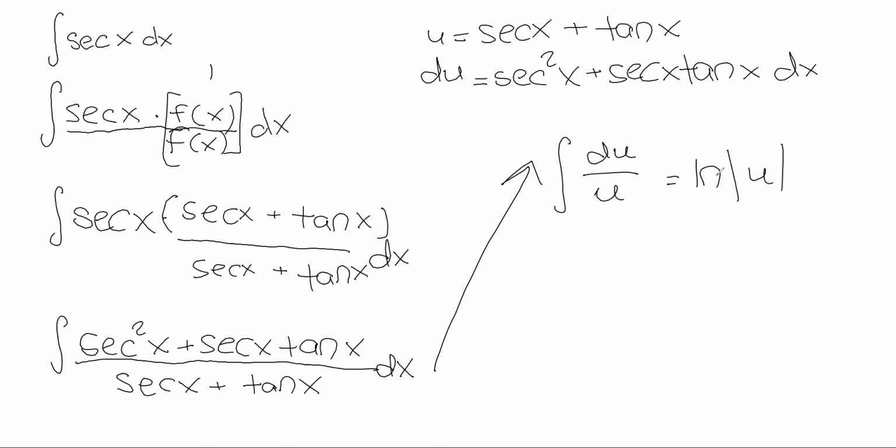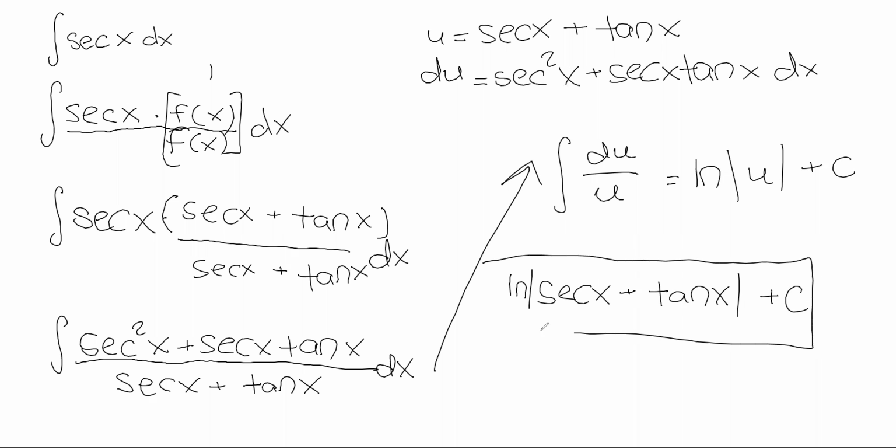And it is an indefinite integral, so we want to make sure we include the constant. Now it's just a simple matter of putting u back in. So our solution is natural log of secant of x plus tangent of x plus c. That's it. That's our solution.